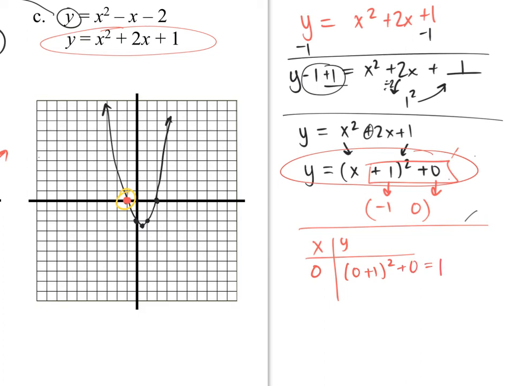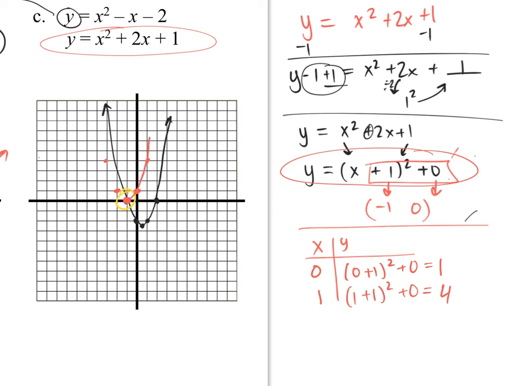So that means 0, comma 1 right here. And then of course my mirroring point over here. If I plug in 1, I would have 1 plus 1 squared plus 0, which is, of course, 4. So that would give me 1 up 4 right here, and then his mirroring point right here.